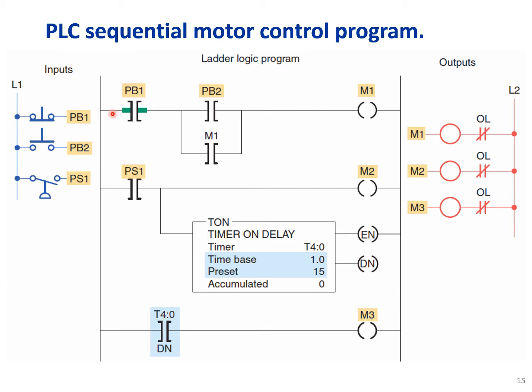That's why it is normally closed. When we press push button 2, the motor M1 will start, and you see that we have this latch contact here. That latch contact will keep motor 1 running even though push button 2 is released.